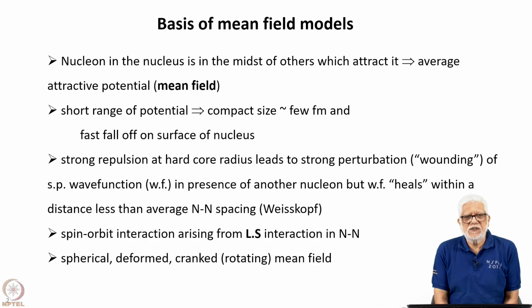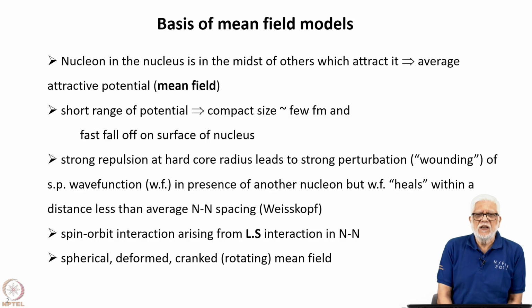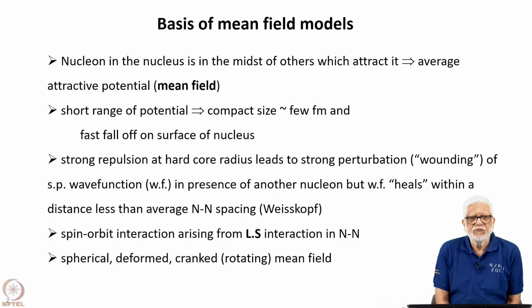This is also the basis for why these mean field models work, because you have a very strong repulsion at short distances, but you don't see the effect of that at distances which are smaller than the nucleon-nucleon spacing in a normal nucleus.